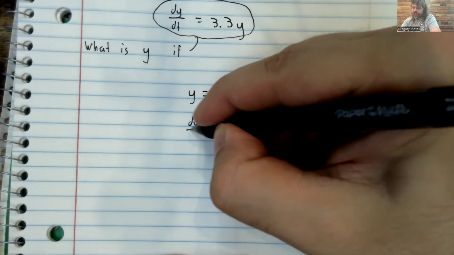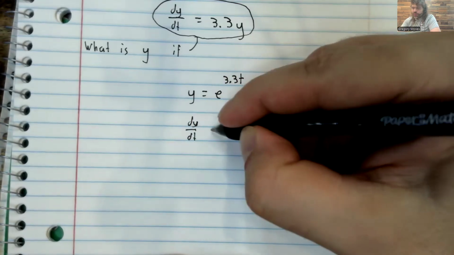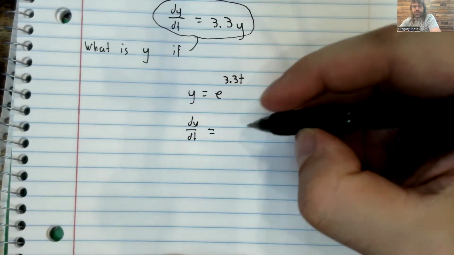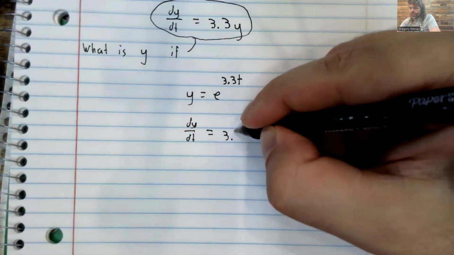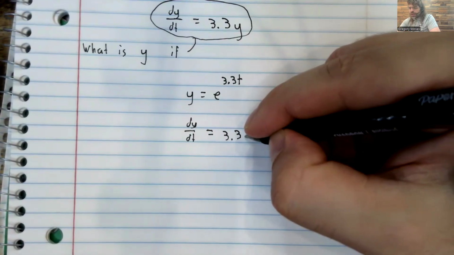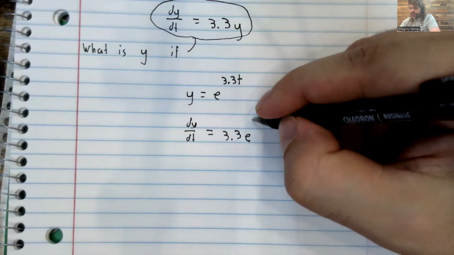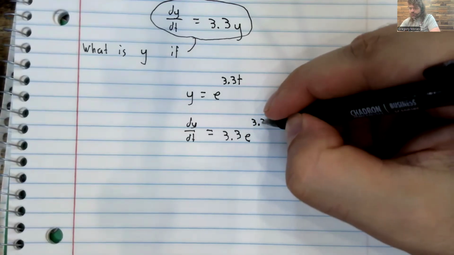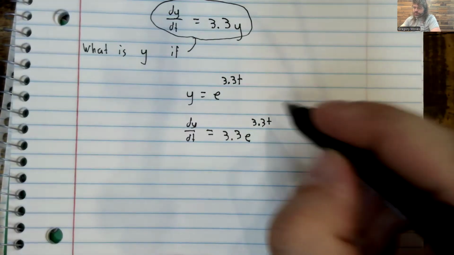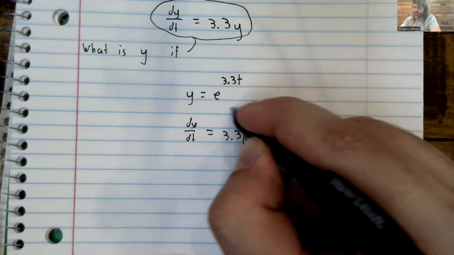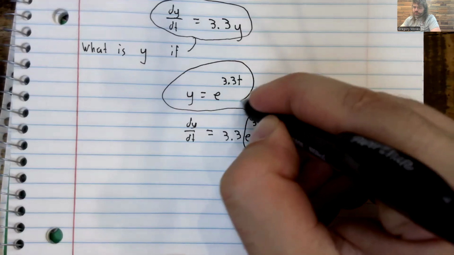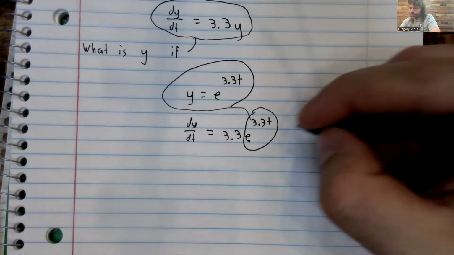The derivative of y using the chain rule is 3.3 times e to the 3.3t. E to the 3.3t is equal to y.